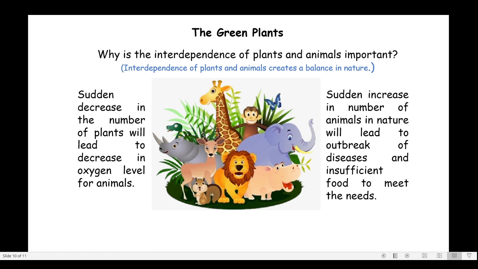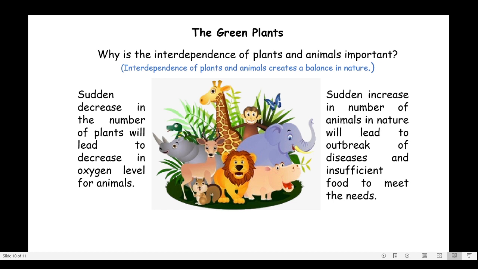Now, a sudden increase in the number of animals in nature will lead to an outbreak of diseases. If there are fewer plants and more animals, then there will be insufficient food. Yes, we will face a lot of problems.